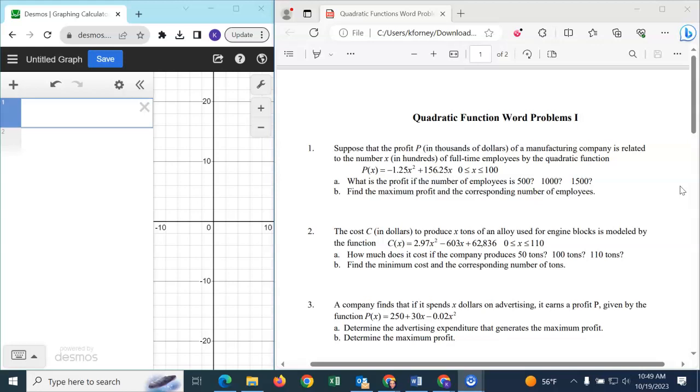So if you notice, your P, your profit, is in thousands of dollars, and your X is in hundreds.